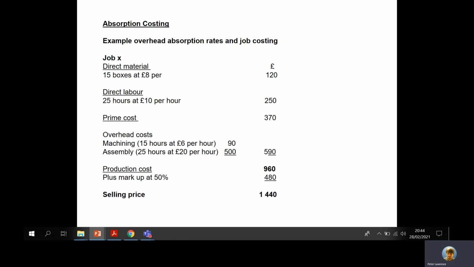Your overheads don't change with output, but once you know your output, you can divide your overheads by that output to find the cost per hour, and then add it all up, and you can find your total production cost and then your selling price. So don't overthink this. Don't overthink it at all. Just try and find the cost per hour. Work out how many hours the product spends in each department. Multiply one by the other, and Bob's your uncle.